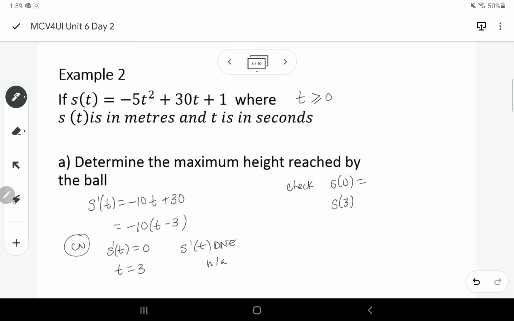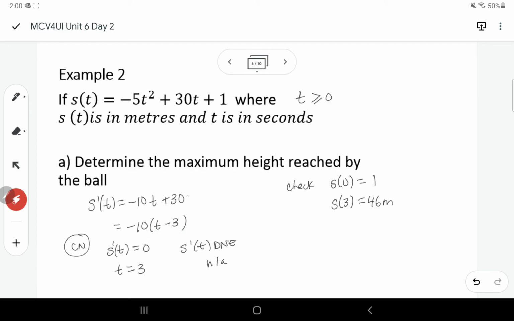So the height at 0 is 1, and at time equals 3, we would have 46 meters. And we know that after 3, for bigger numbers than 3, this whole thing is going to be negative.